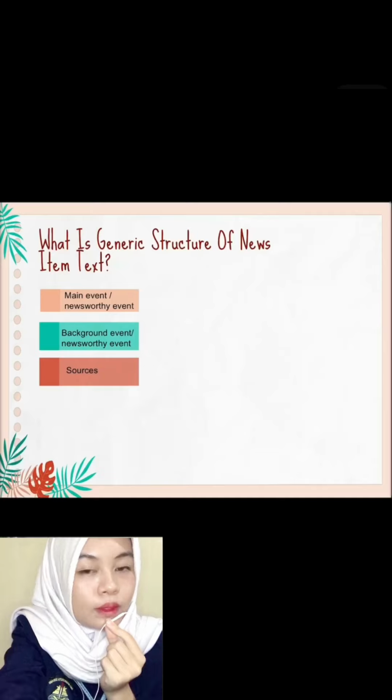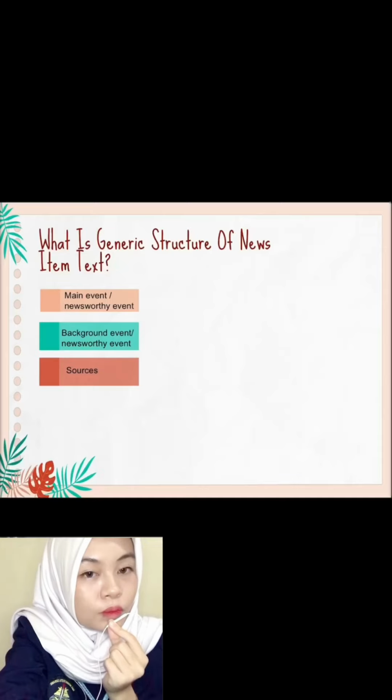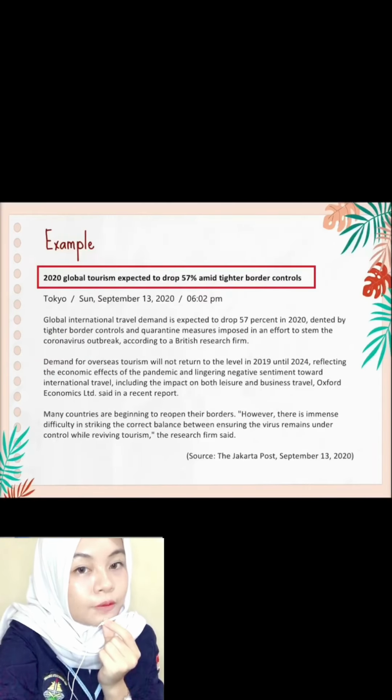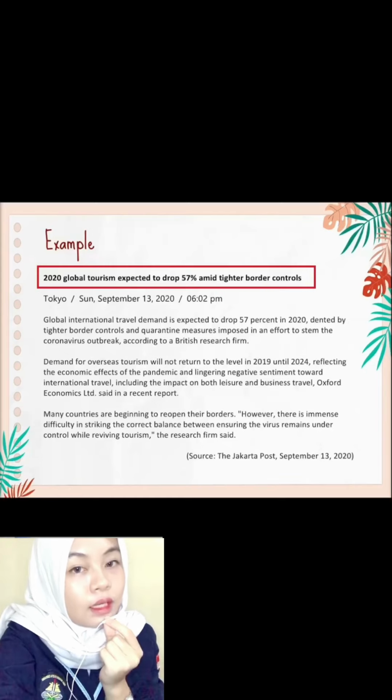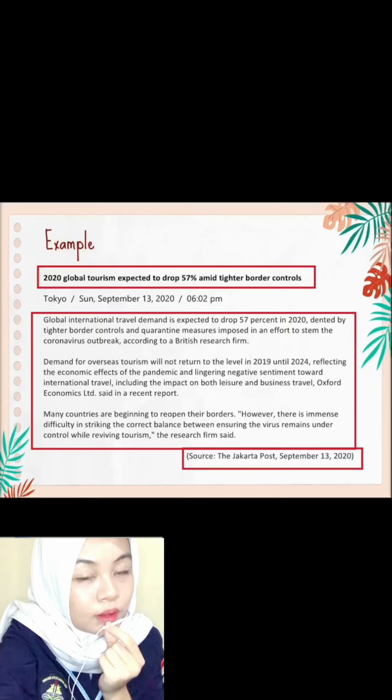Number 1 is the main event or newsworthy event. Number 2 is background event. And number 3 is source. If it sits at the top, it is called a headline. Then in the next section there is the event background. And the last one is source.